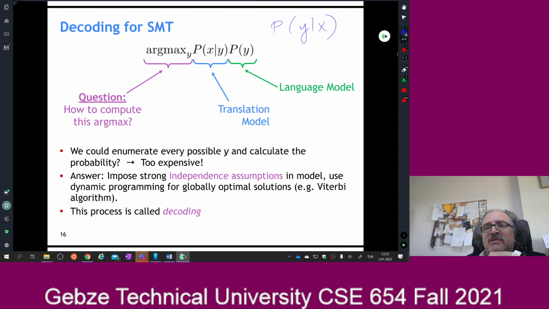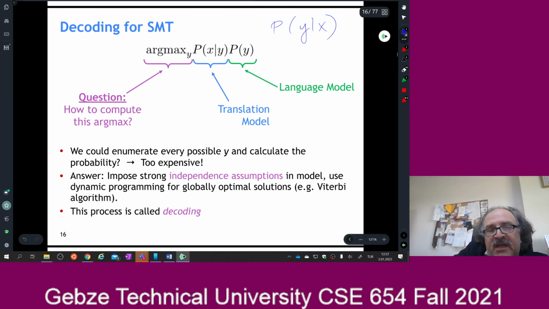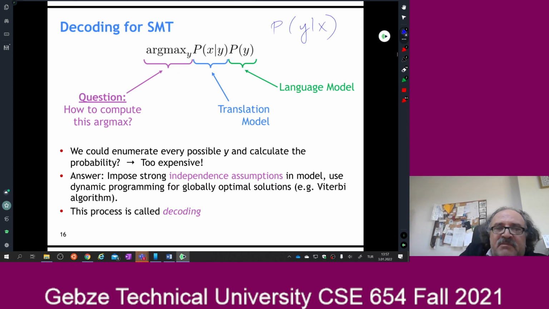Even if I can calculate this probability, calculating this argmax y is difficult. It is too expensive. Why? You need to iterate over all possible English sentences to calculate this maximal probability. So that's a very difficult question to answer.